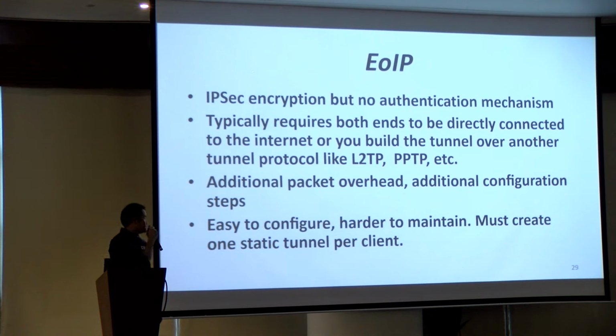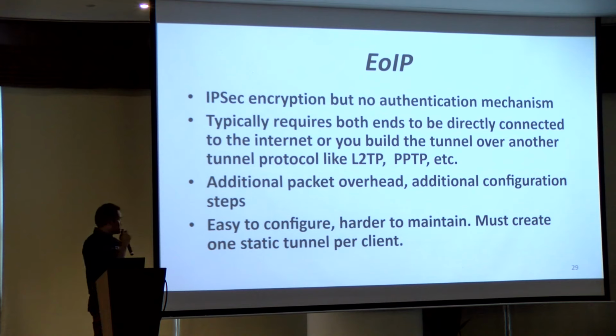There is additional configuration: for each side, one pair, and we make an additional configuration, not like PPP BCP. It is easy to configure. Its configuration is easy, but when we have many tunnels, it is harder to maintain.